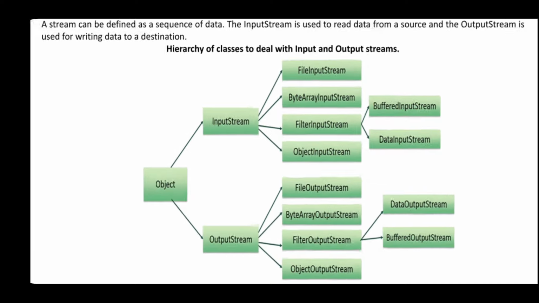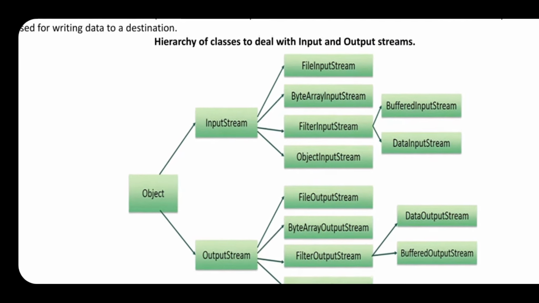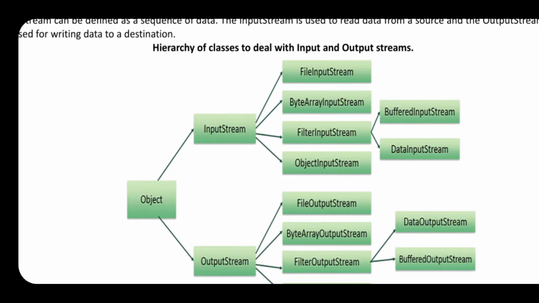So here is how the classes of input and output stream can be defined. Input stream and output stream are the classes which will be called through an object, any object name you are going to define.